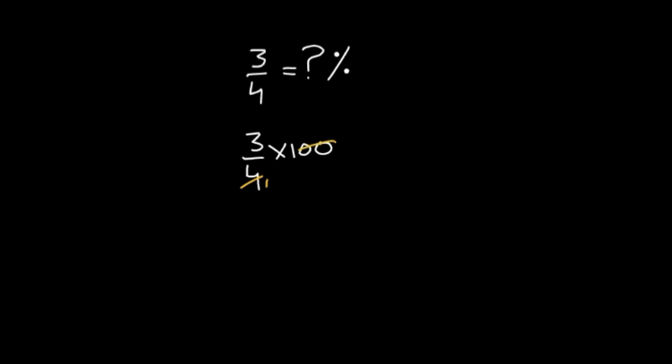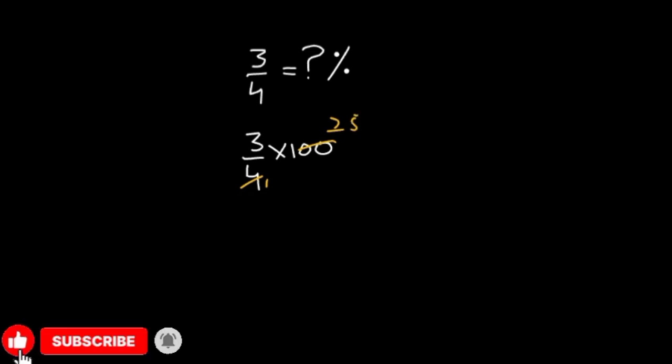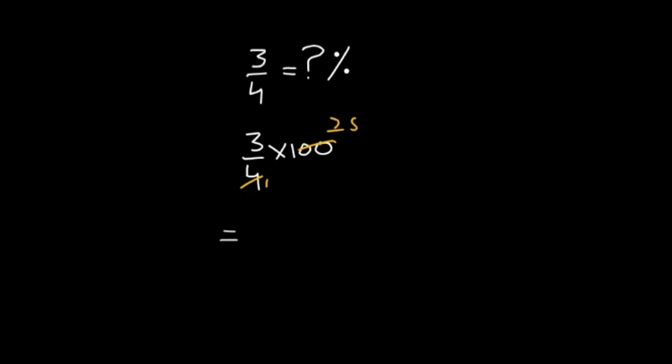So if we divide 100 on 4, 25 times 4 is equal to 100. So then we multiply 25 by 3, it will become 75%. So this is our answer.